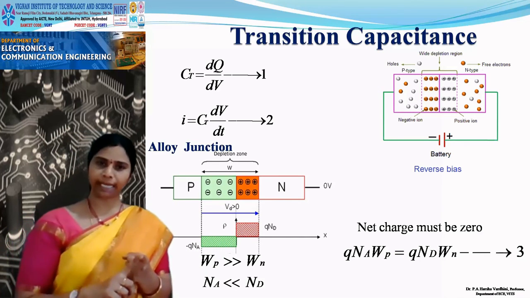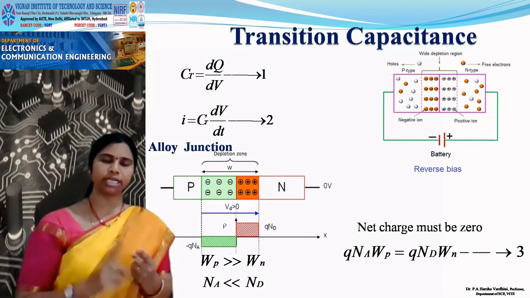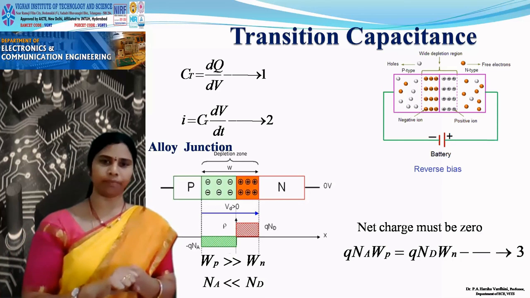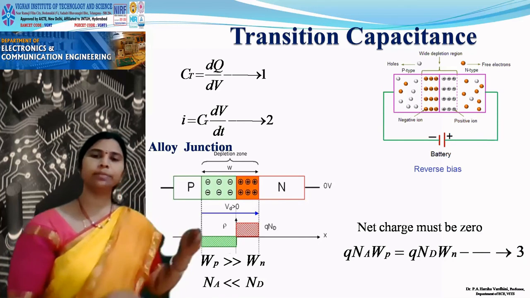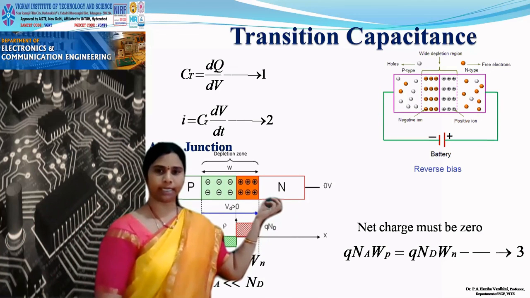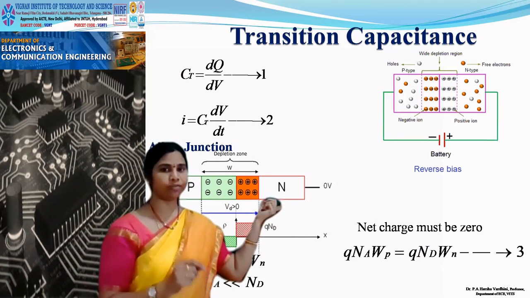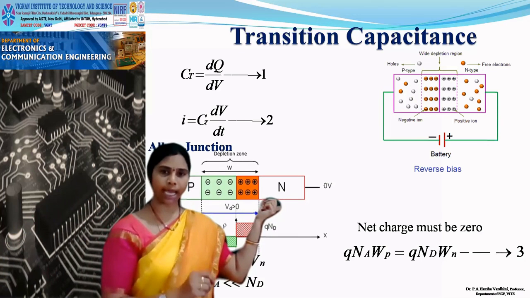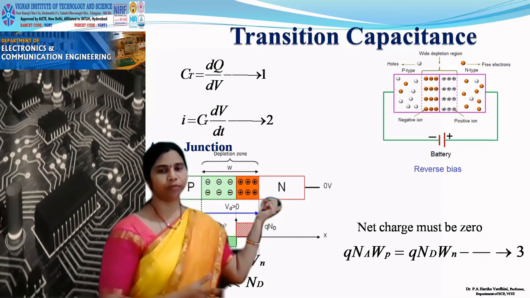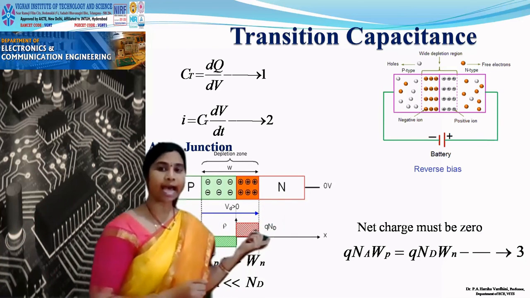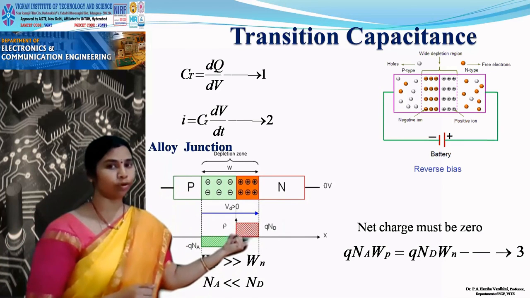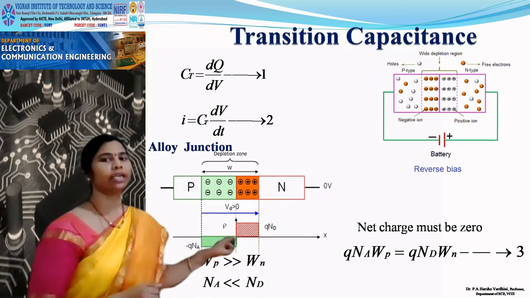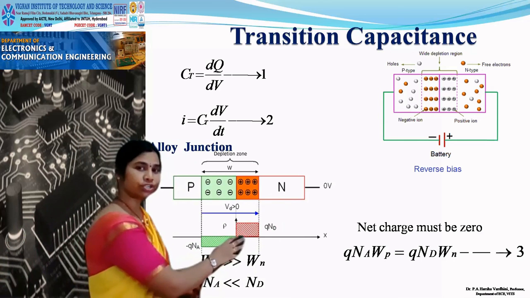In a P-type semiconductor, you have holes and acceptor ions, and both the concentrations are the same: small p is equal to Na. Similarly, in an N-type semiconductor, the concentration of electrons, small n, is equal to Nd, the donor concentration. So as the number of electrons is more when compared to holes, here also the donor concentration is more.